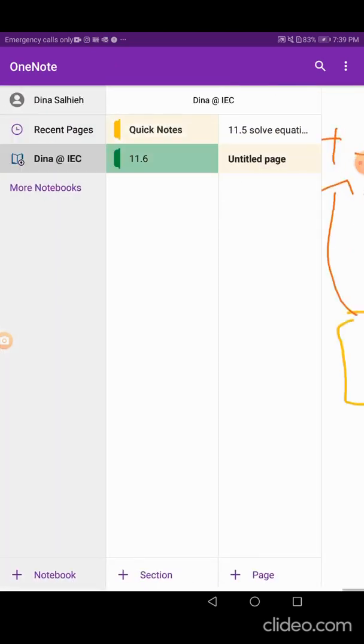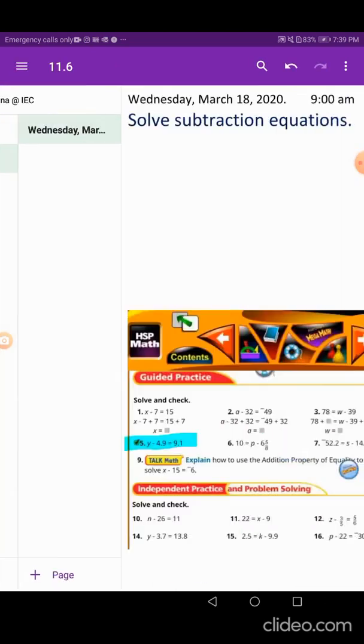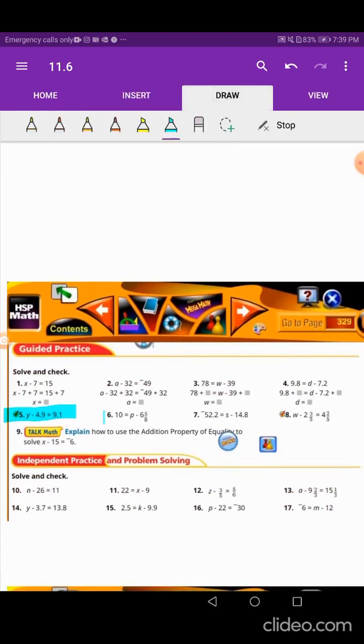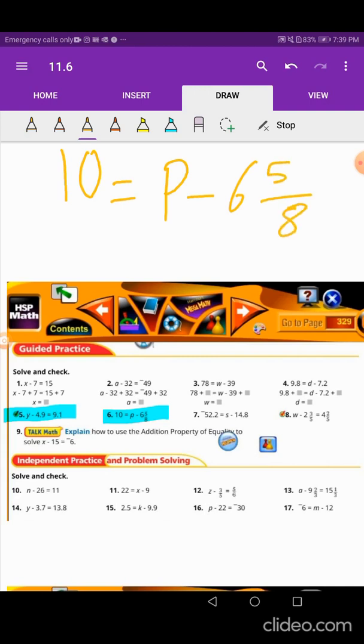Let's go back to the book. This time, we are going to solve a question with a fraction. 10 equals p minus 6 whole and 5 over 8.